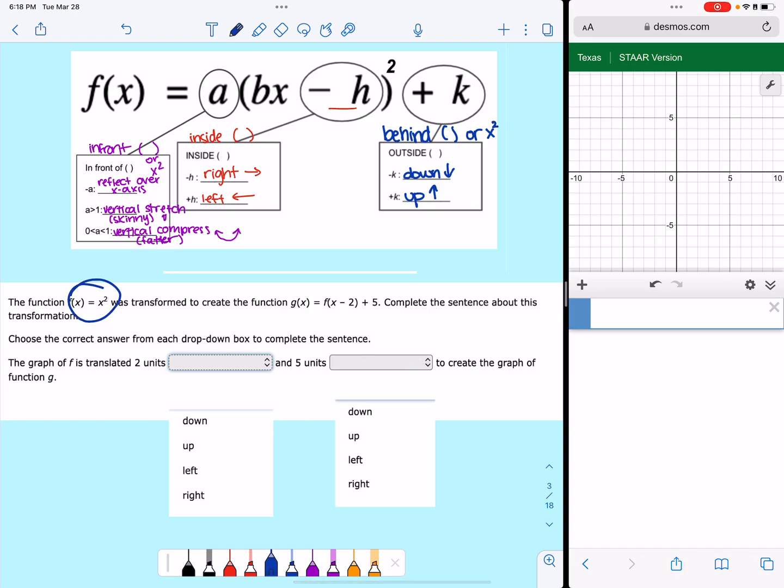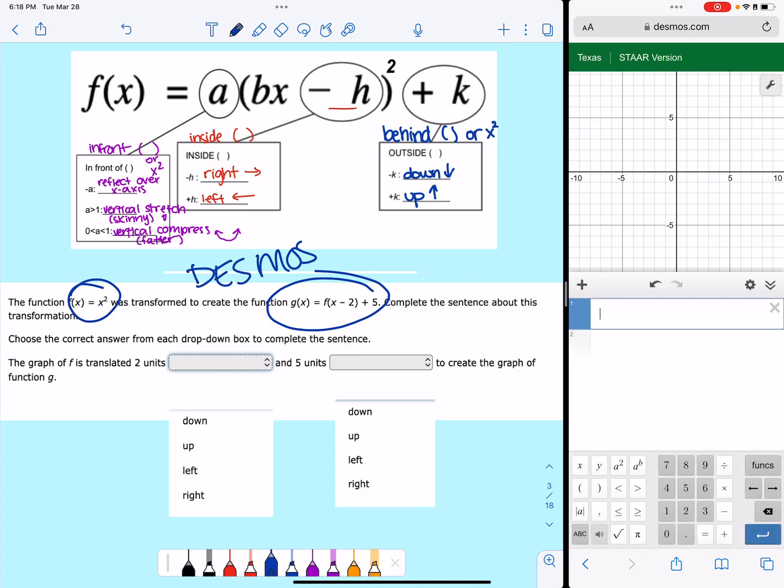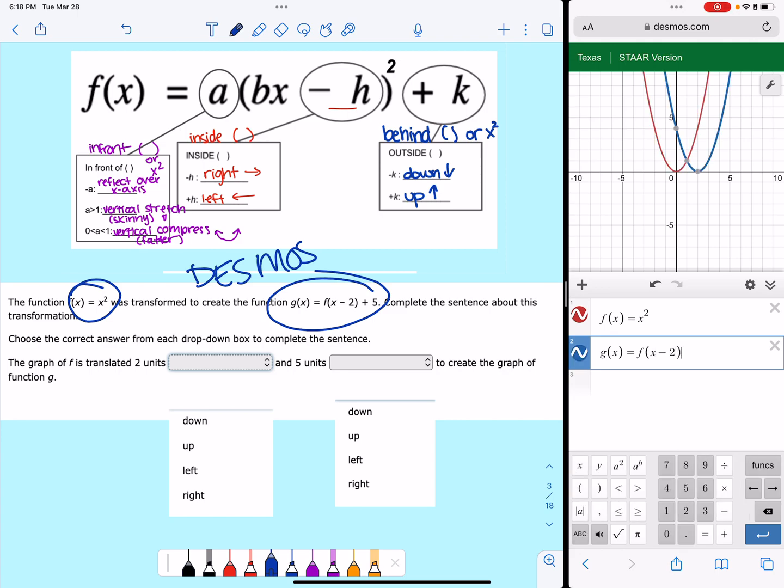What we can do is take both of these and put them in Desmos. So we have f of x equals x squared. Then we have g of x equals f of x minus 2 plus 5.